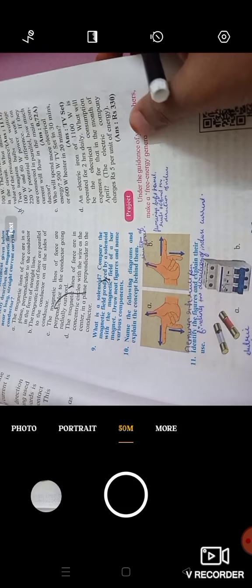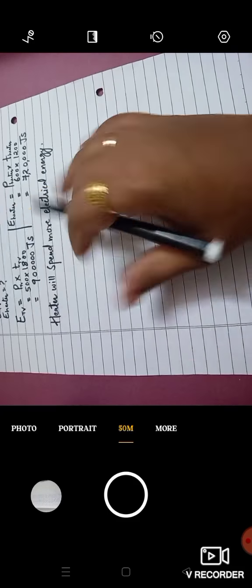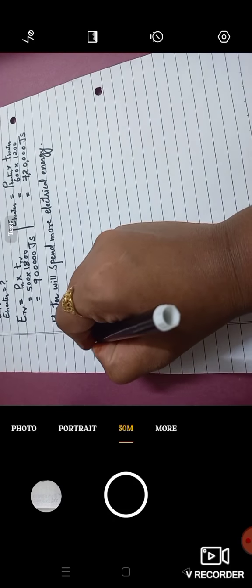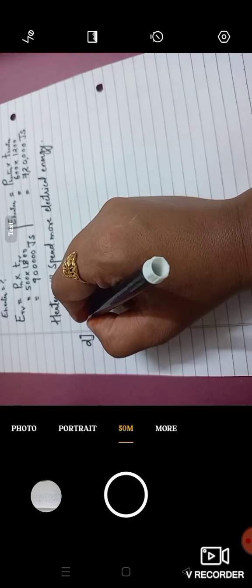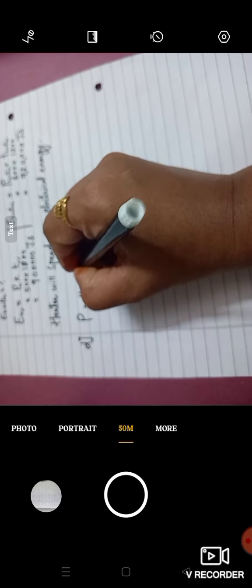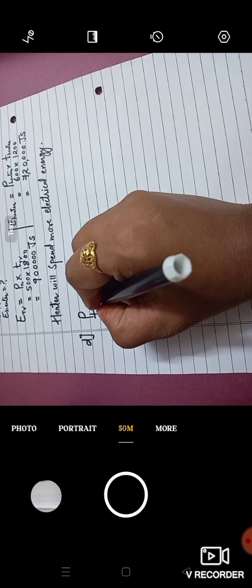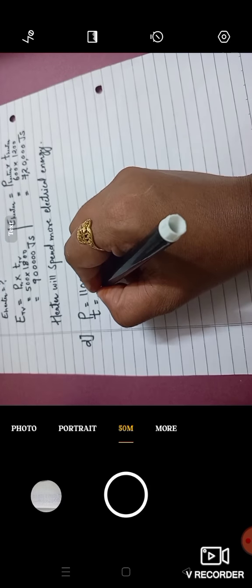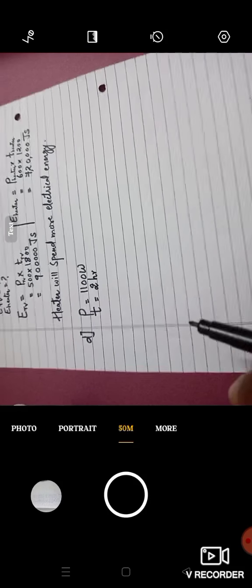Okay, so let's first prepare the data. This would be question D. The power of the electric iron is given as 1100 watt and the time it has been used every day is 2 hours.